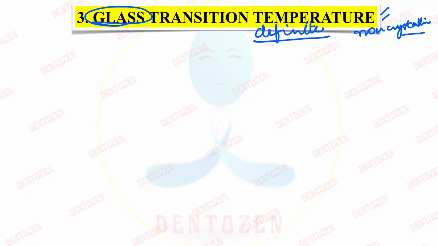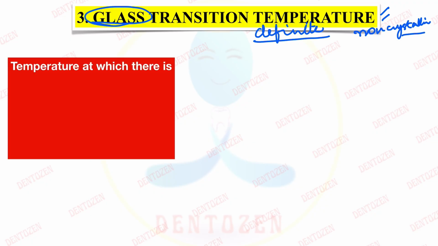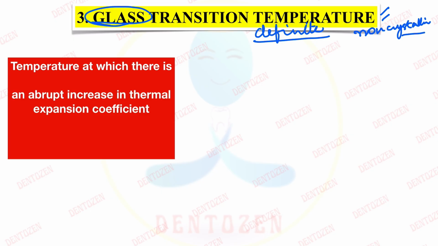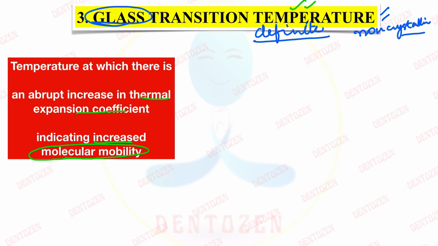The temperature at which there is an abrupt increase in the thermal coefficient of expansion of this material, indicating increased molecular mobility, is known as the glass transition temperature. This glass transition temperature is always less than the melting temperature. At this temperature, the hard solid material will change into a soft material, a fluid state.